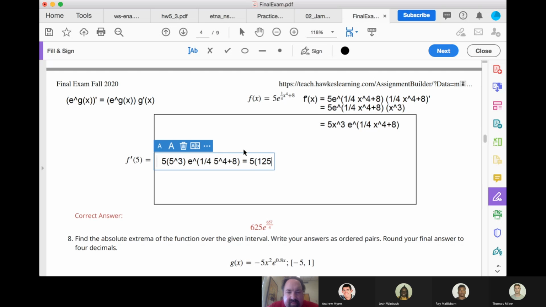Alright, so like I said, 5 times 125 is 625. And then 8 is rewritten as 32/4. So that's where the 657/4 comes from. It's by using a common denominator.